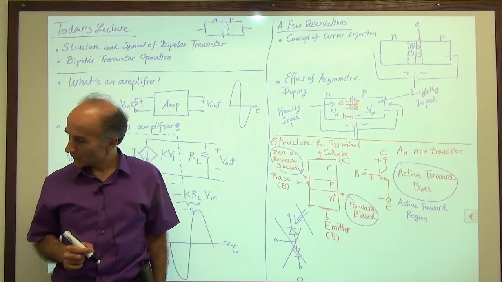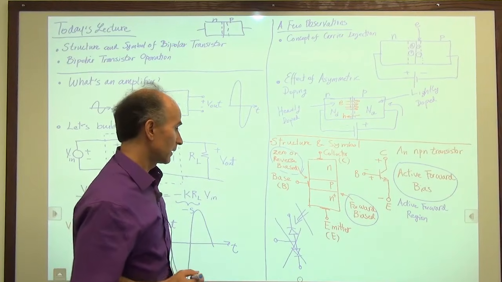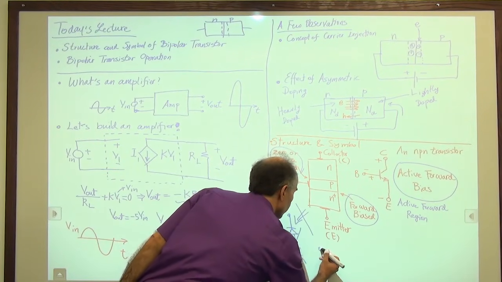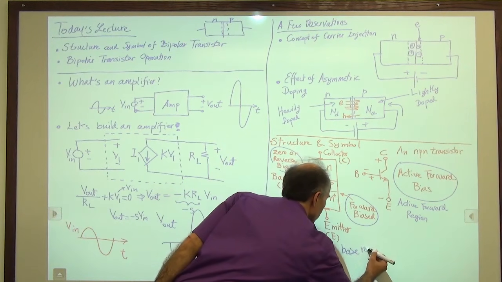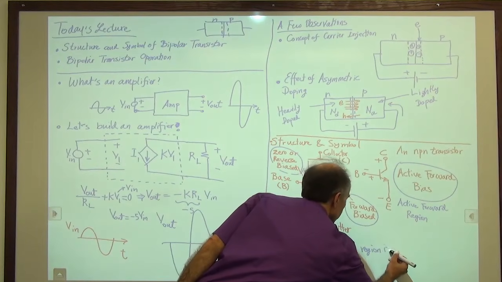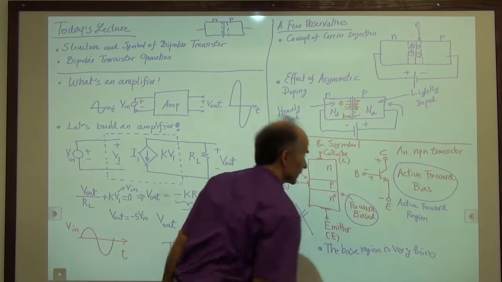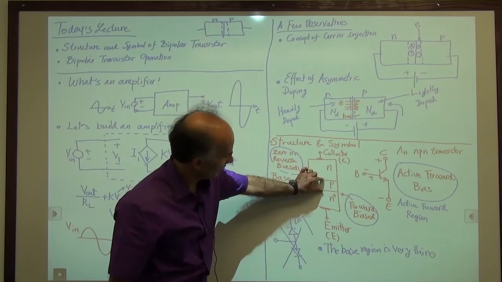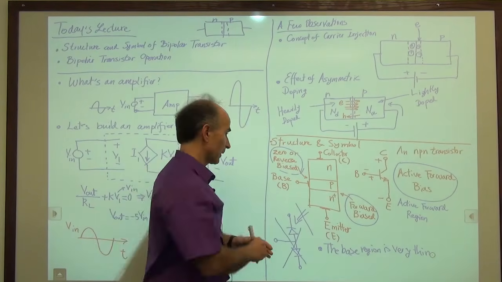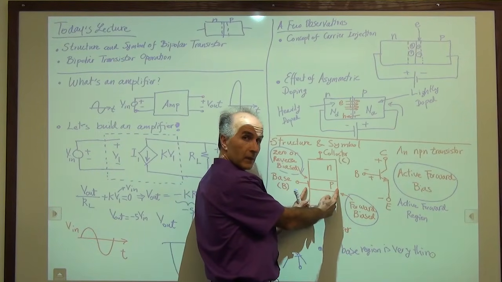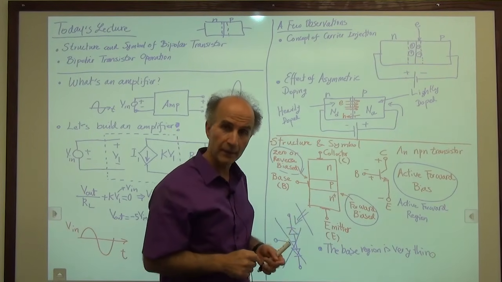All right. So one last point before we go on. The last point that I wanted to raise here is the following. The base region is very thin. By base region, we mean from here to here. The distance between this junction and this junction is very short compared to this distance, or compared to the distance between this terminal and the center of this, if you want to define some sort of distance.